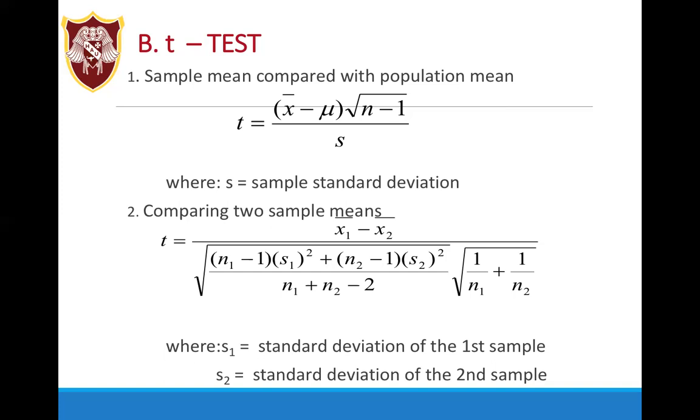Multiplied by the square root of 1 over n sub 1 plus 1 over n sub 2.